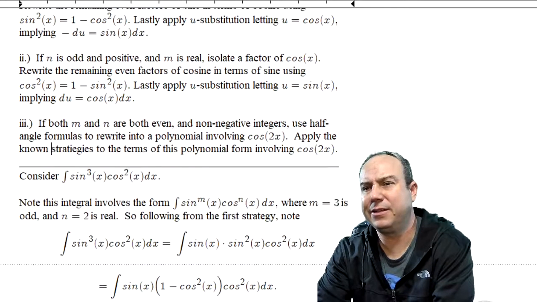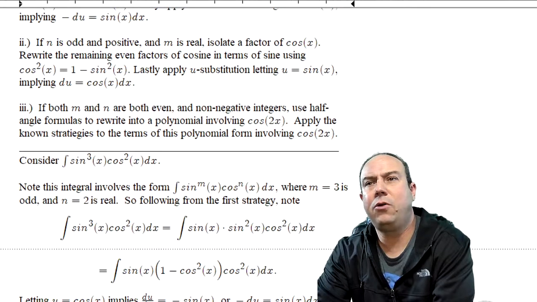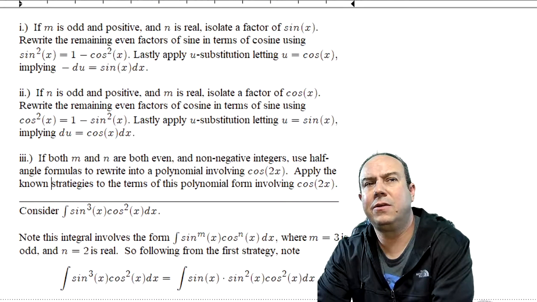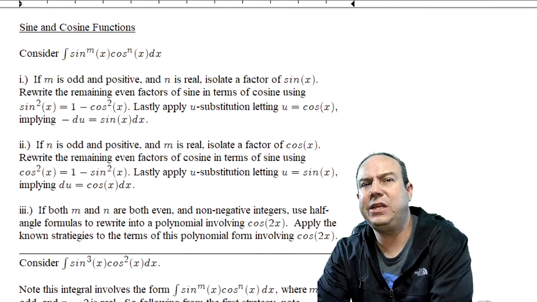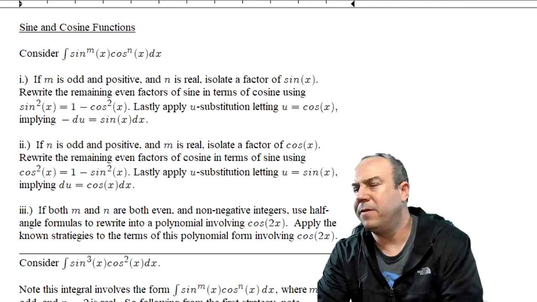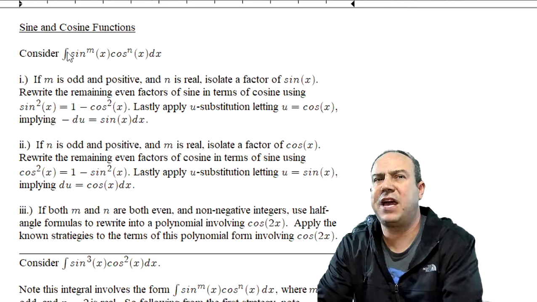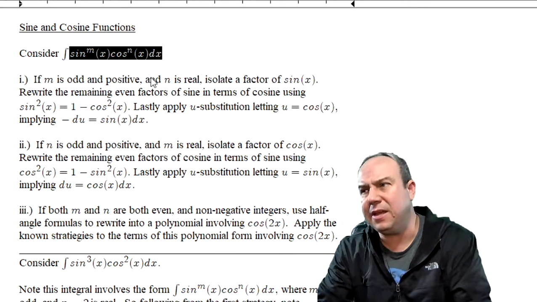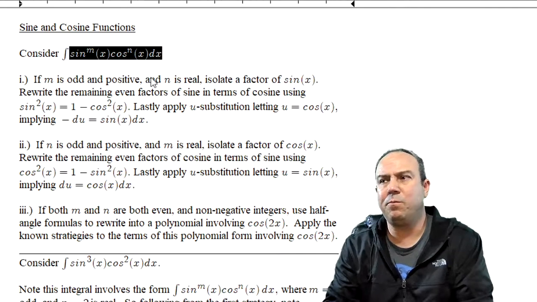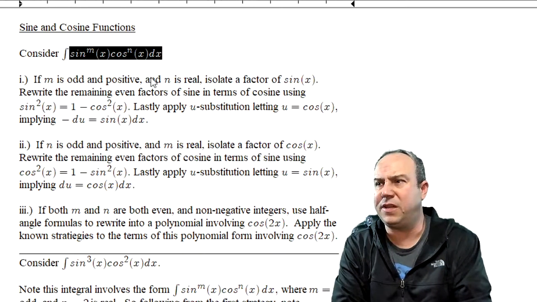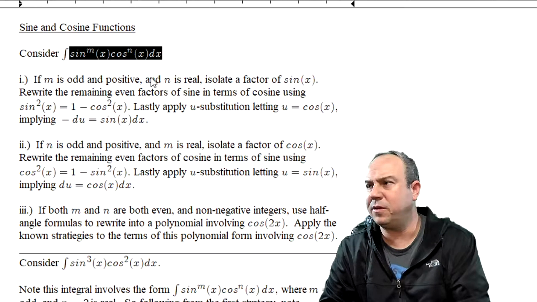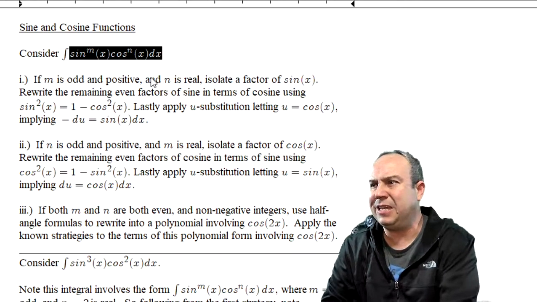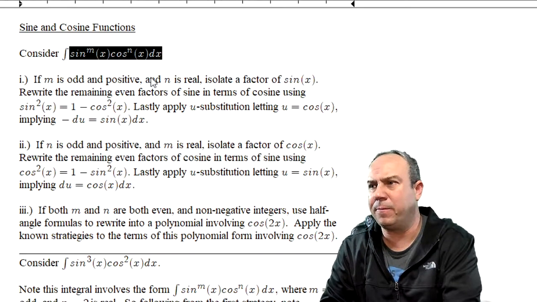All right. Those are our 3 strategies for the case of a product of a sine with the cosine function. Now you're going to go, well, what if my sine and cosine function don't fit any of these descriptions for m and n in statements 1, 2, or 3 here?